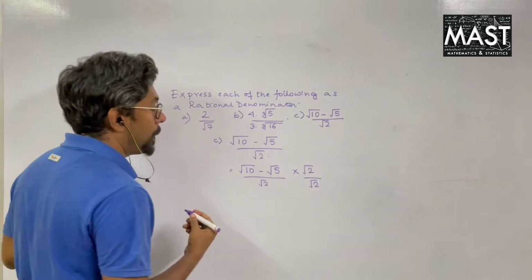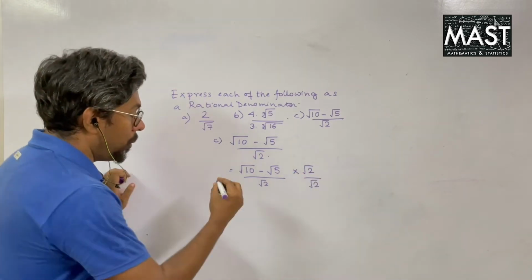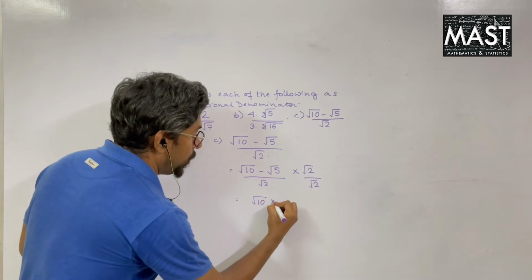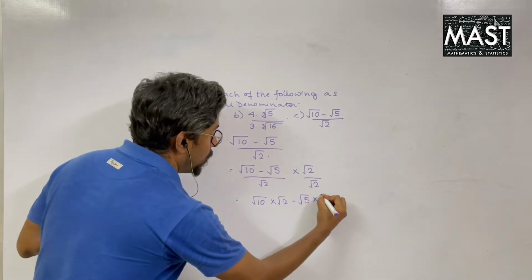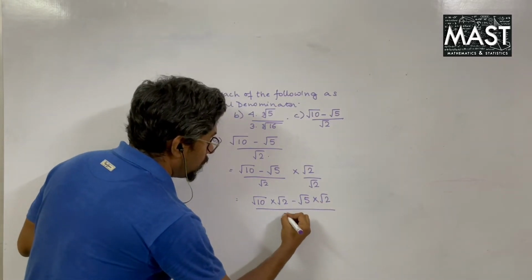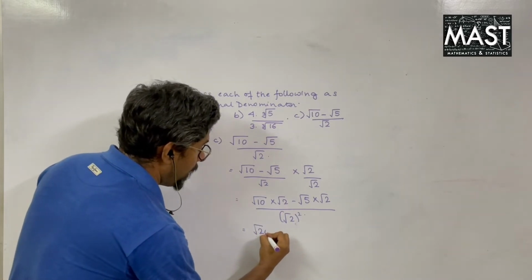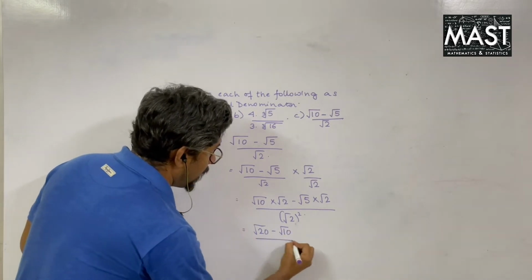That means we are multiplying the numerator and denominator again by root over 2. What do we get from here? We get root 10 into root 2 minus root 5 into root 2 by root 2 whole square, which is root 20 minus root 10 by 2.